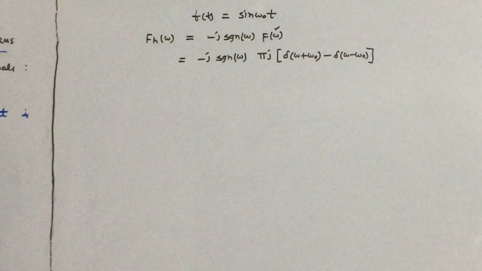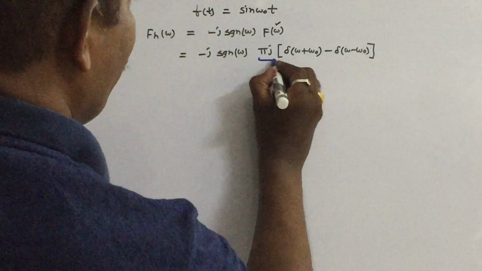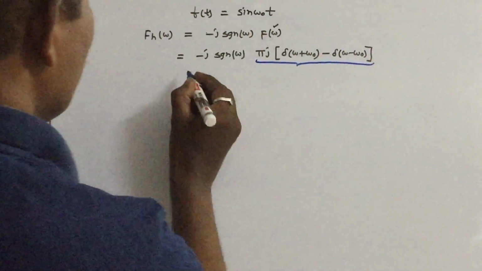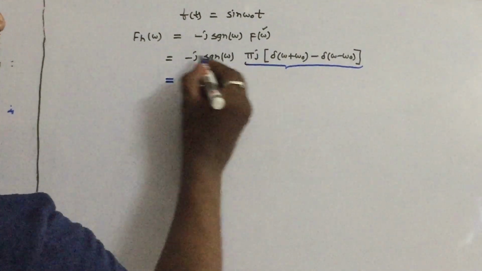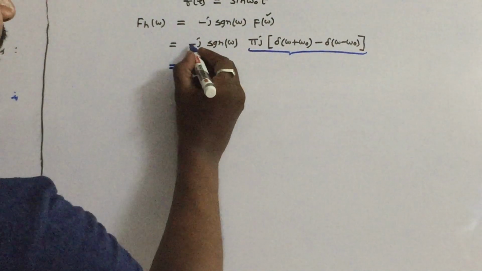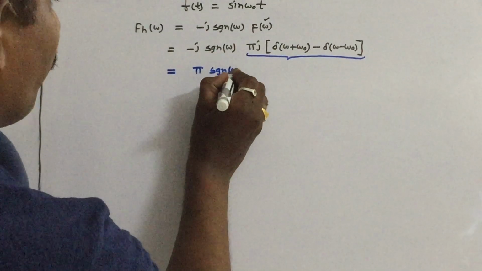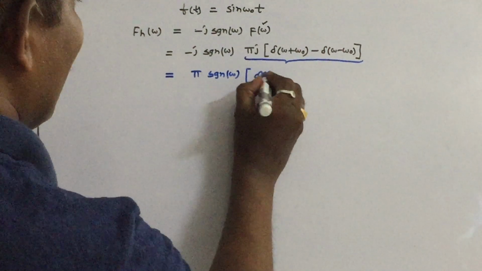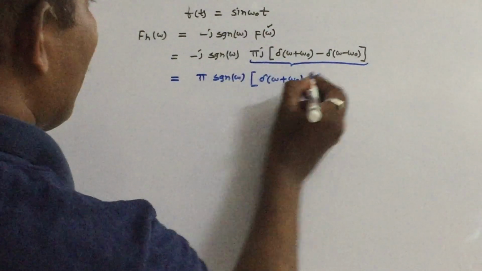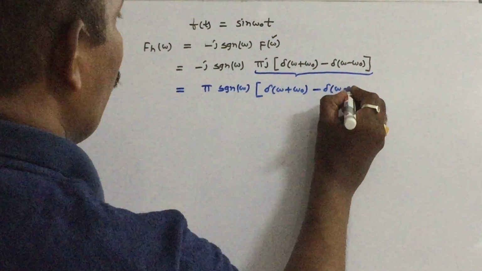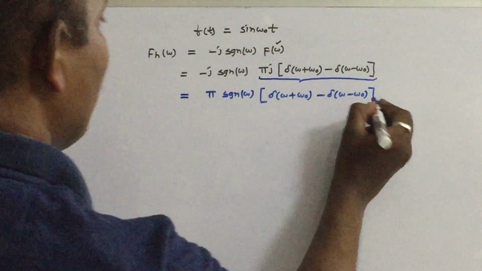Substituting here, j into j gives j square, so the minus gets cancelled out. It becomes pi signum of omega into del of omega plus omega naught minus del of omega minus omega naught. Let us see what will happen.